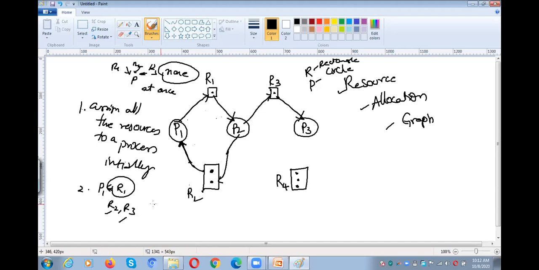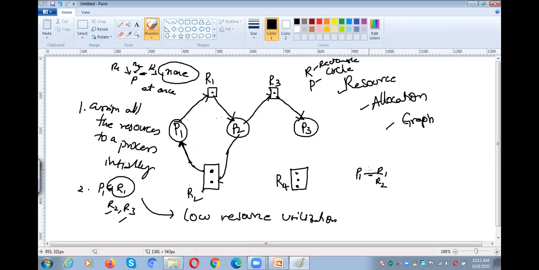It also creates a problem called low resource utilization. Why low resource utilization? For example, one process requires two resources, R1 and R2.